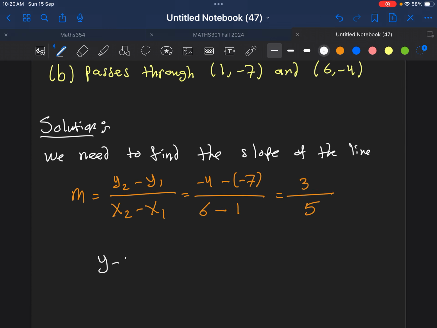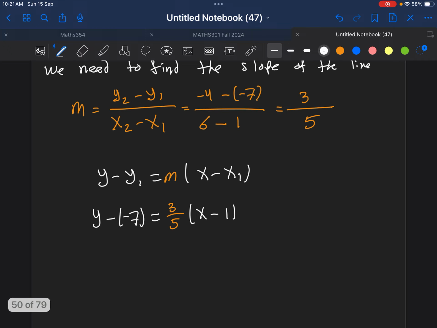And now the equation for the line is just y minus y1 equal the slope I just found times x minus x1. So it would be y minus, what is y1? y1 is -7, equal, the slope is 3/5, x minus 1.